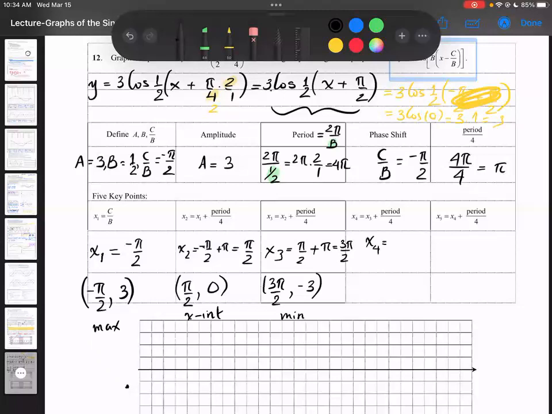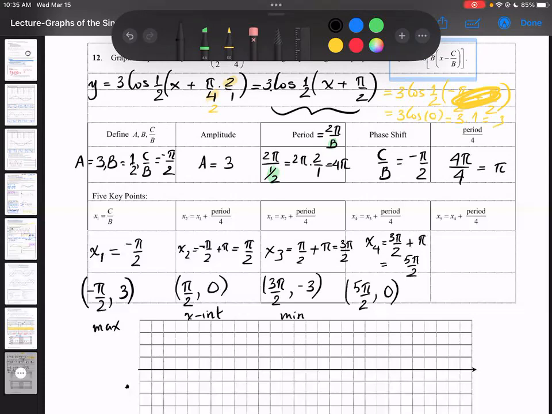x4 is x3 plus period divided by 4. So 3 pi over 2 plus pi, which is 5 pi over 2. So 5 pi over 2, comma, now it's the minimum. We're going to go back up to the x-intercept. So 0 there.